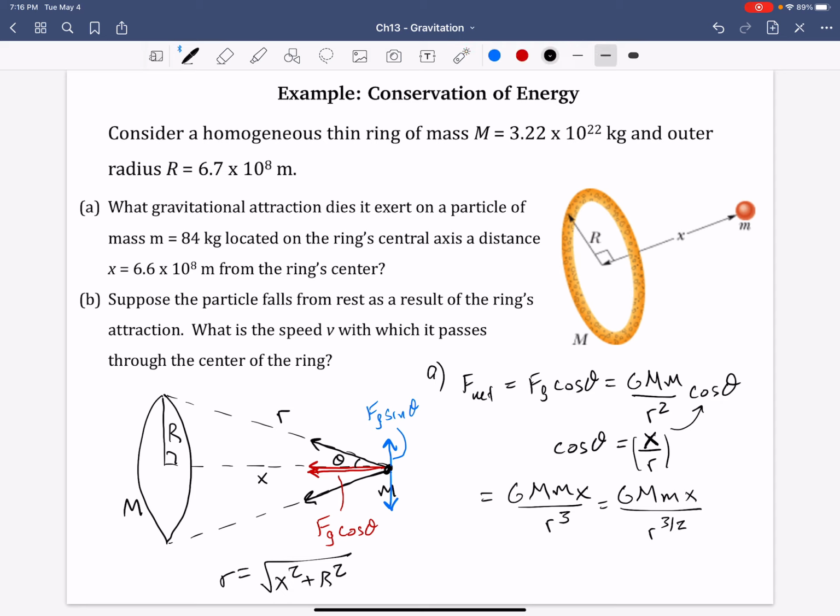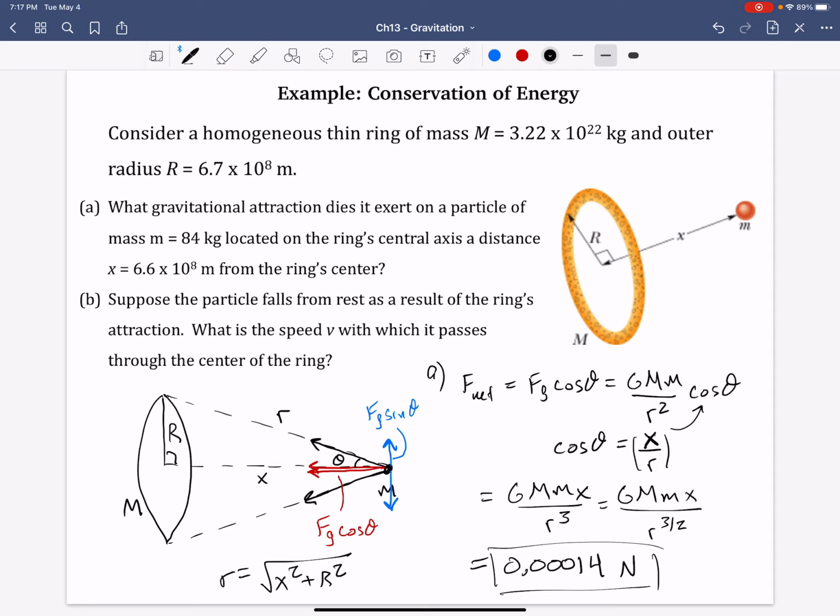So plugging in everything, being mindful of your parentheses and exponents, we should get a fairly small force, 0.00014 newtons. Not a very big force at all.